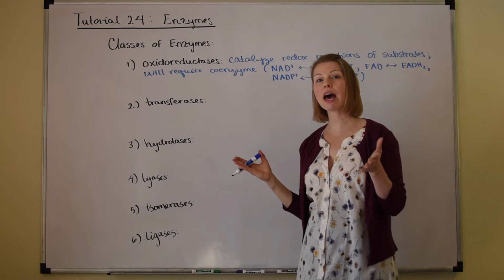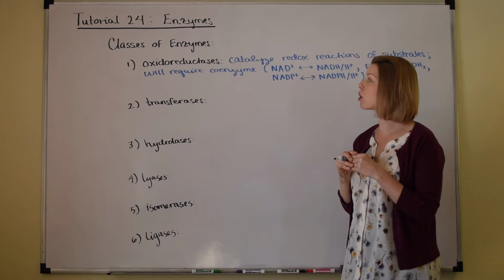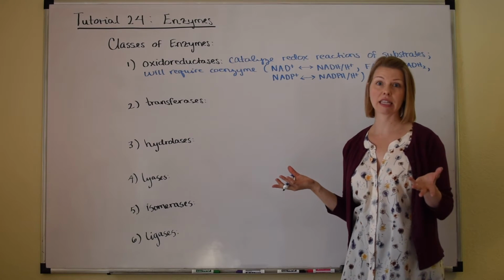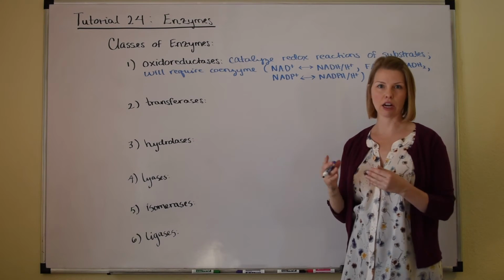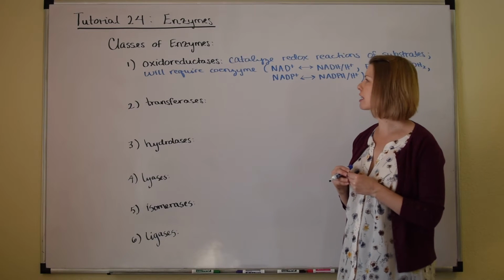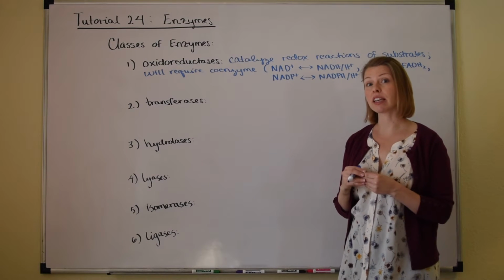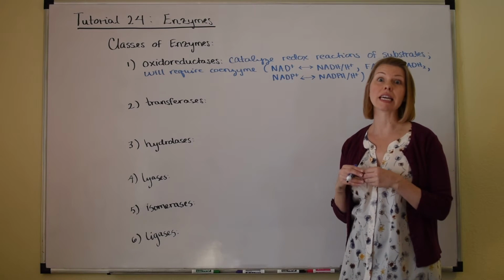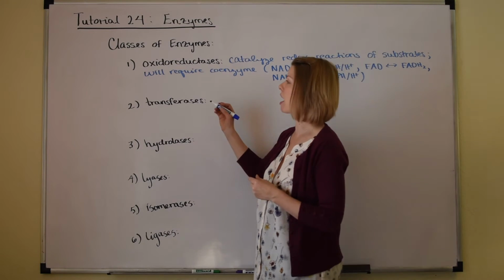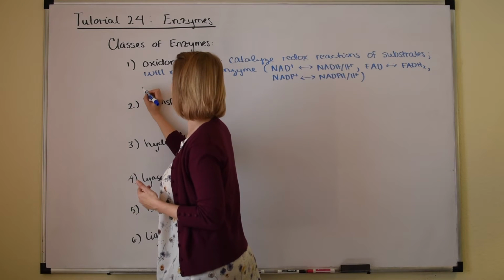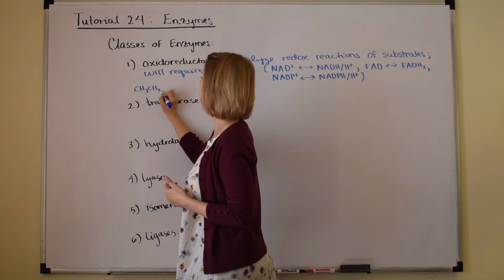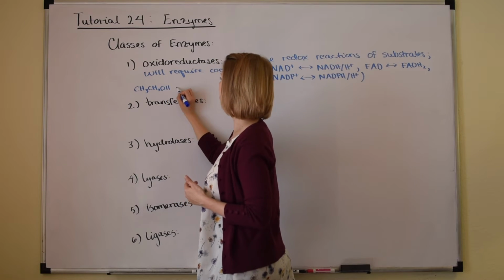Okay. All right, so let's go ahead and just show a quick example of an oxidoreductase enzyme catalyzing a reaction. So a good example would be the oxidation, the first step of oxidation of alcohol in metabolism of ethanol. Okay, so let's use ethanol as our alcohol, CH3CH2OH.